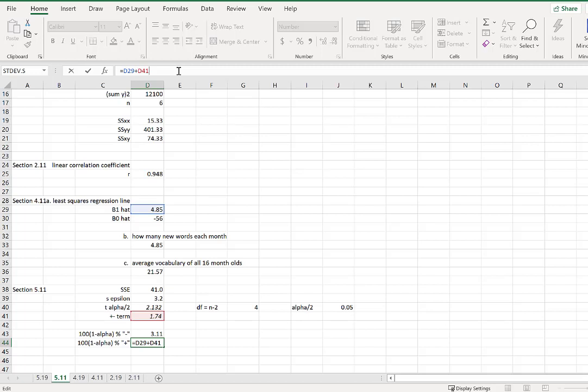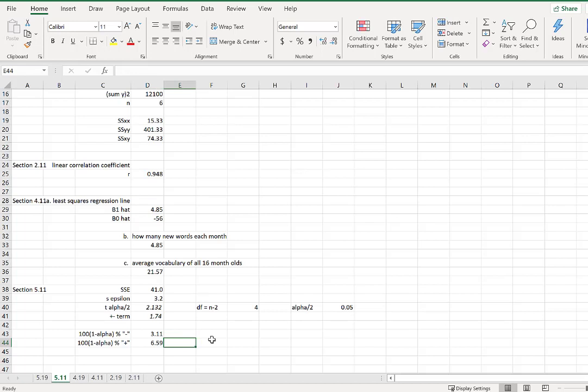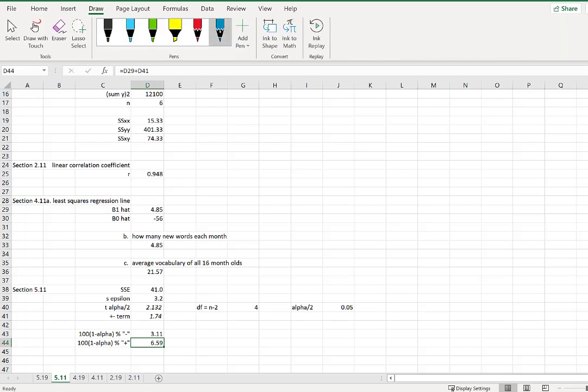So it's essentially 4.85 plus or minus 1.74. And then working out those values, I've got that there. I can write it that way, or here. Let me just go ahead and write it here as well, in a better blue this time. So my answer is going to be 4.85 plus or minus 1.74, which is what I have right here. Number 11.